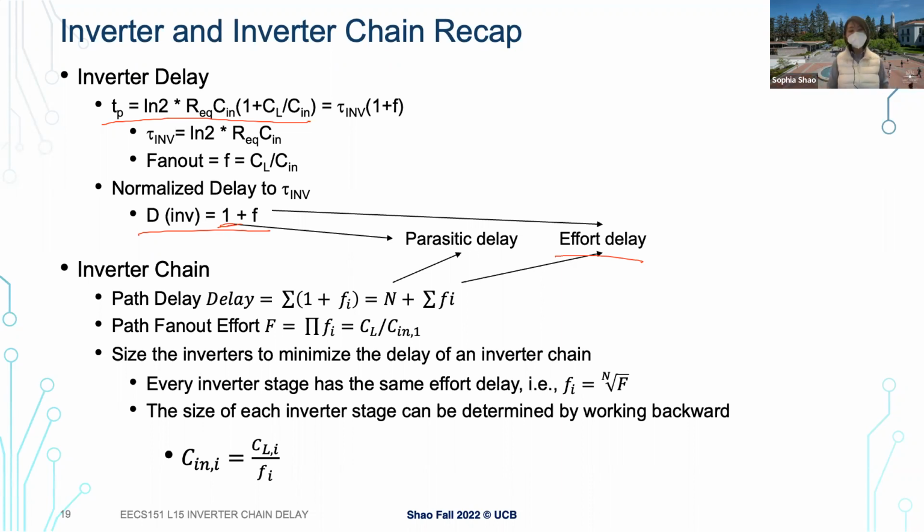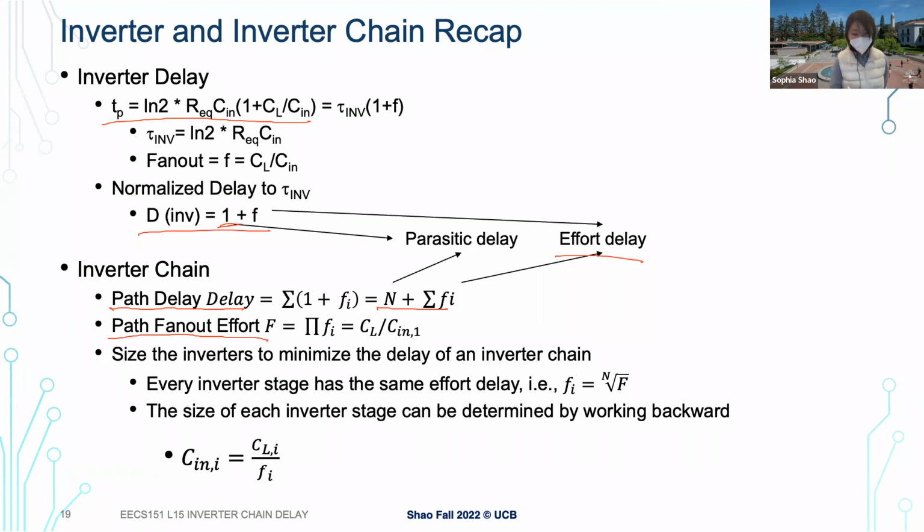This still stays the same when we come to a chain of inverters, a chain of circuits. When we draw the path delay here, it becomes the sum of the delays of individual stages. We can still group it into two sides, the parasitic delay and the effort delay. The path fan out effort is basically the load we're driving relative to the input we have.